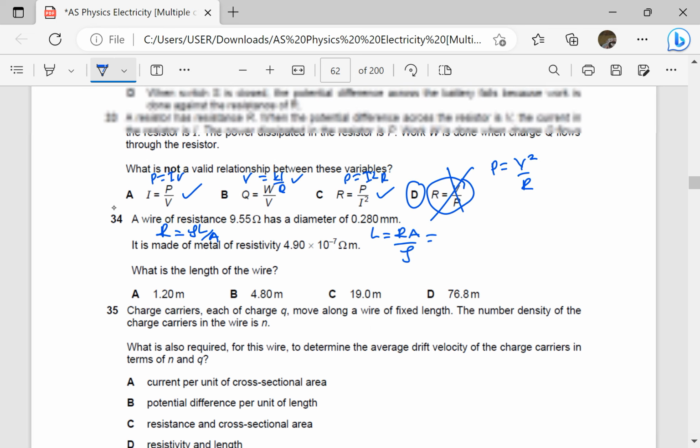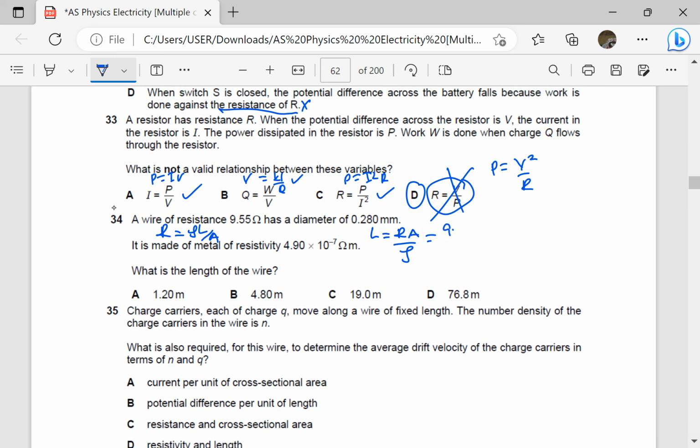So we substitute. R is 9.55 times cross-section area. Remember, area is equal to pi d squared over 4. So this is going to be pi times d, which is 0.28 times 10 power negative 3, and this is squared. Divide by 4 times rho, which is 4.9 times 10 power negative 7.